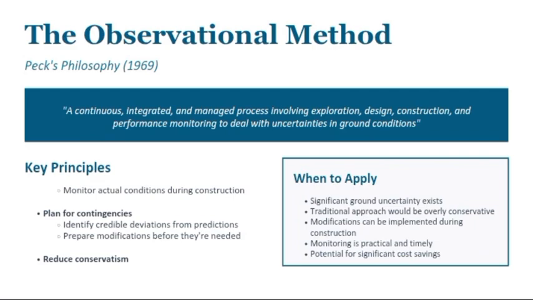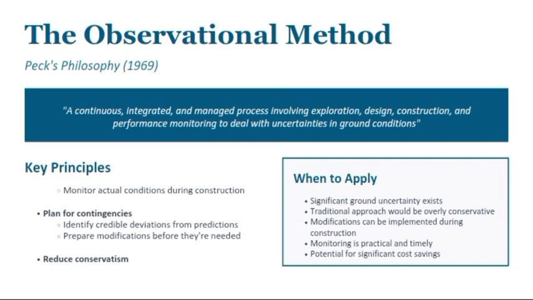Now, this method is especially useful in tunneling, deep excavations, embankment construction, earth dams as well, and projects involving uncertain geology. I'll give an example again. Let's say engineers predicted that settlement during embankment construction will be 50 mm. During monitoring, the actual settlement reaches 90 mm.